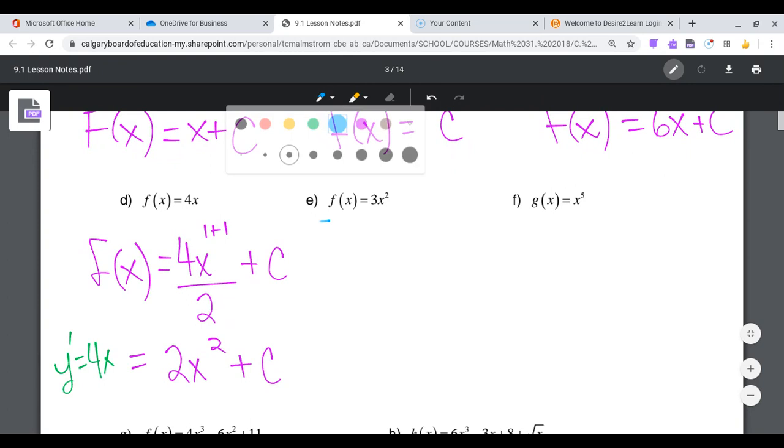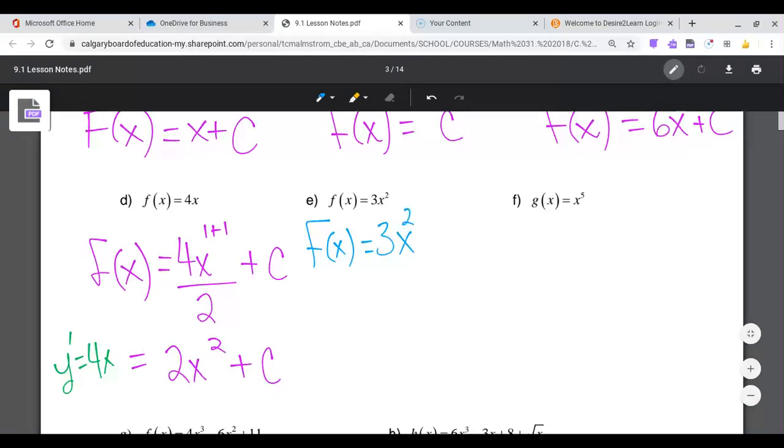Okay, next one. So big F of x would be equal to 3. Just put that out the front, then add 1 to your exponent, divide by that new exponent, add c, and then tidy up. So 3 on 3 divides out nicely, and so we're left with x cubed plus c. All right, now we're changing to a g.